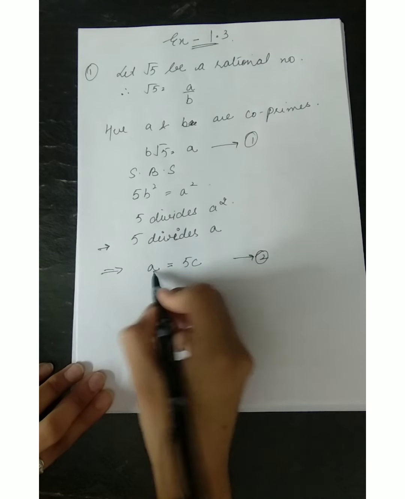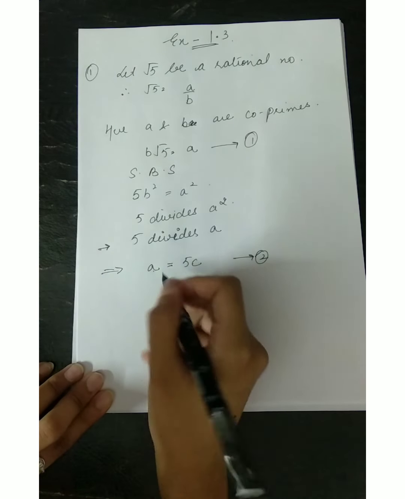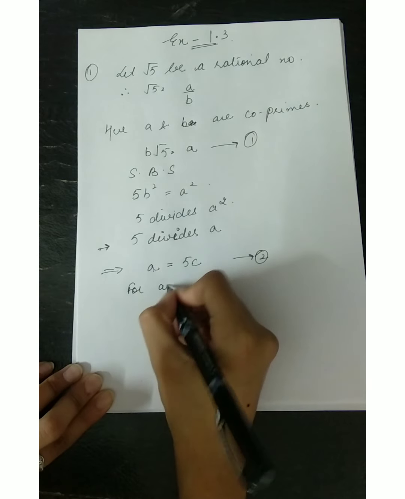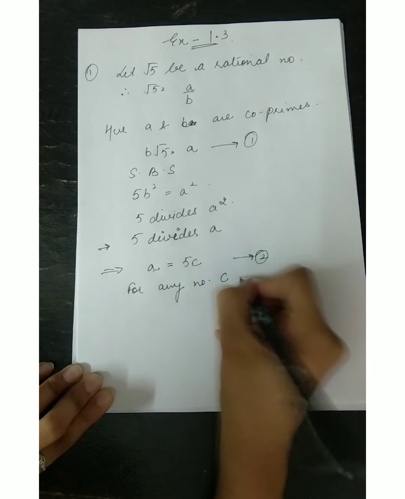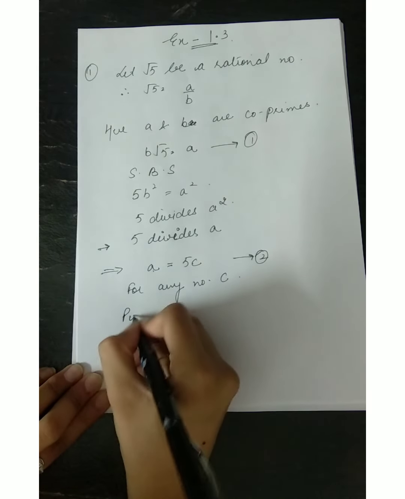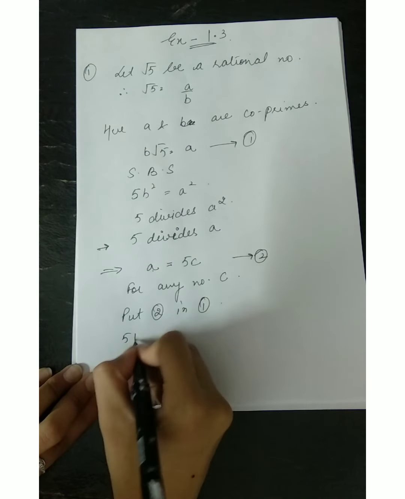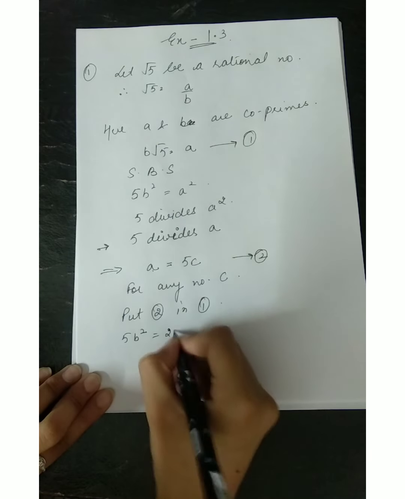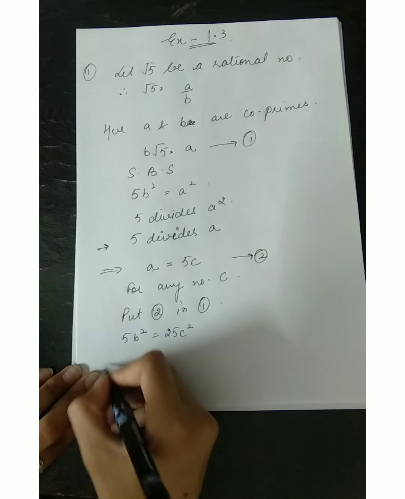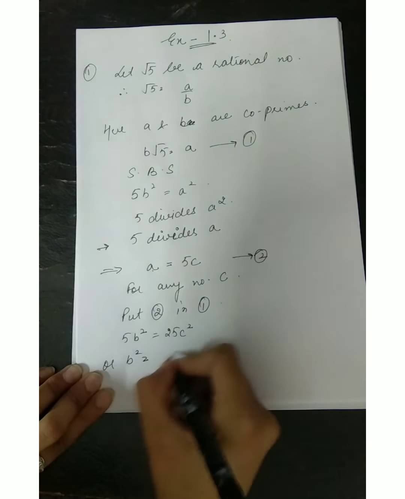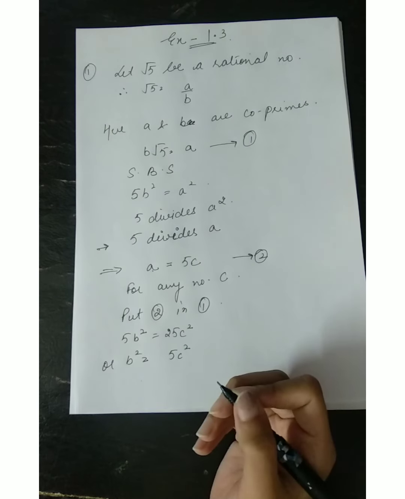Now, a is equal to 5c for any number c. Now, putting 2 in 1, 5b square is equal to 25c square, or b square is equal to 5c square.